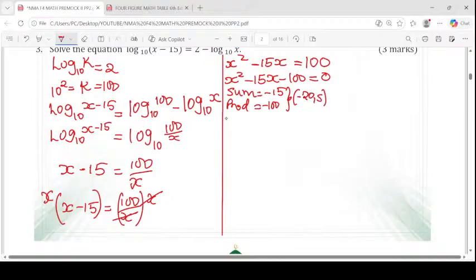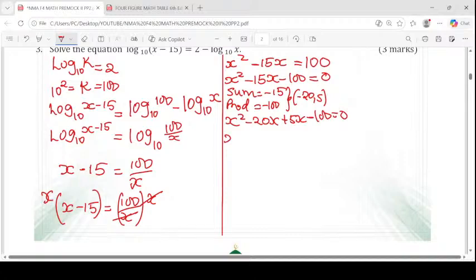So this will be x squared minus 20x plus 5x minus 100 is equal to 0. Putting them into pairs, in x squared minus 20x the common factor is x, we factor it out.